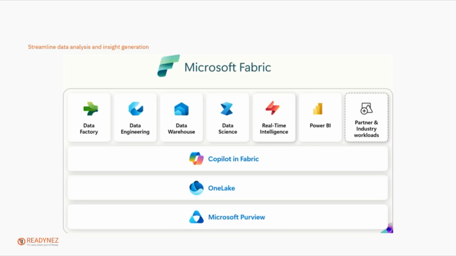Other advantages, we get a consistent interface as well. We can use some third-party tools. For instance, if you're still using things like Tabular Editor, yeah, you can use that with Fabric just as you can with Power BI. Tabular Editor is a third-party tool.